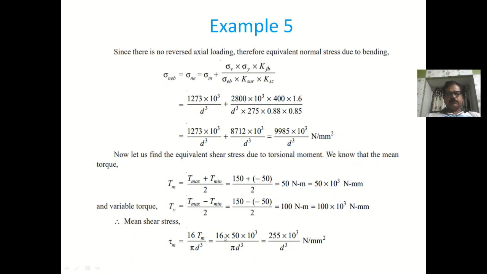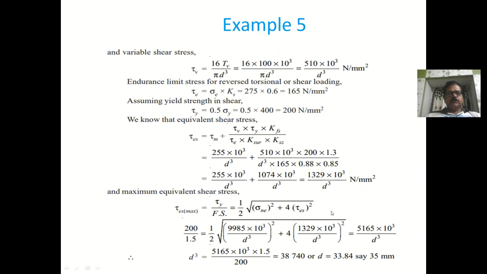The mean shear is from the mean torque, that is 16 by pi d cube into 50 into 10 power 3, and the variable shear is 16 by pi d cube into the variable torque 100 into 10 power 3 Newton mm. So 100 is the Newton meter and 100 into 10 power 3 is Newton mm. Newton mm divided by mm cube comes out as Newton per mm square.